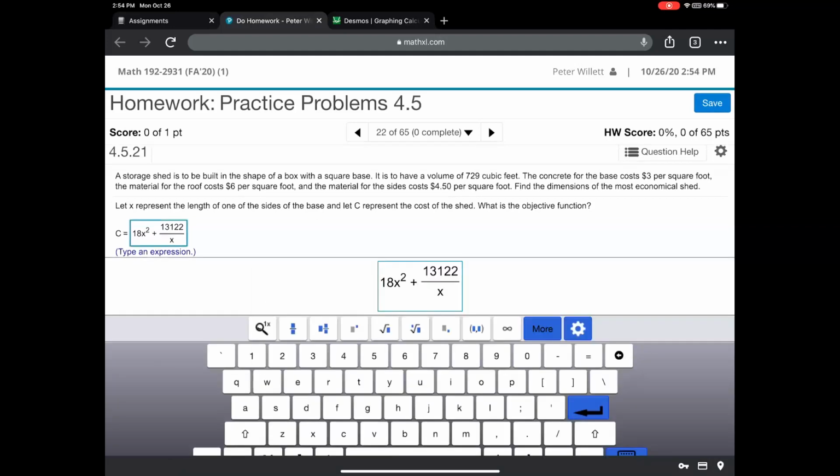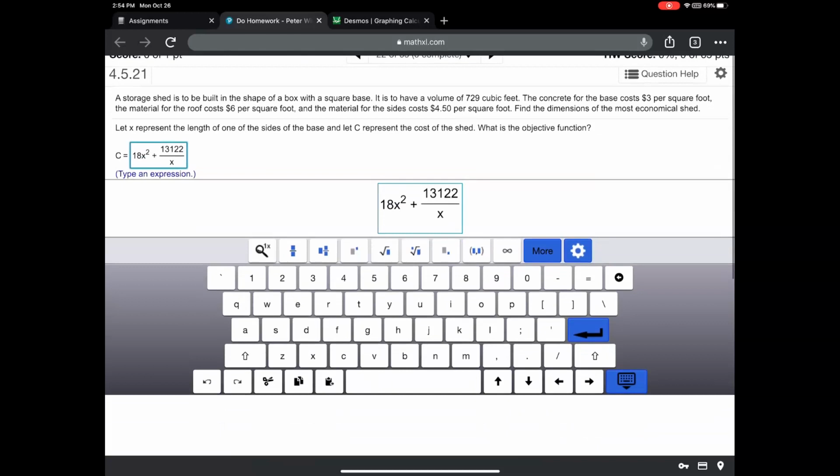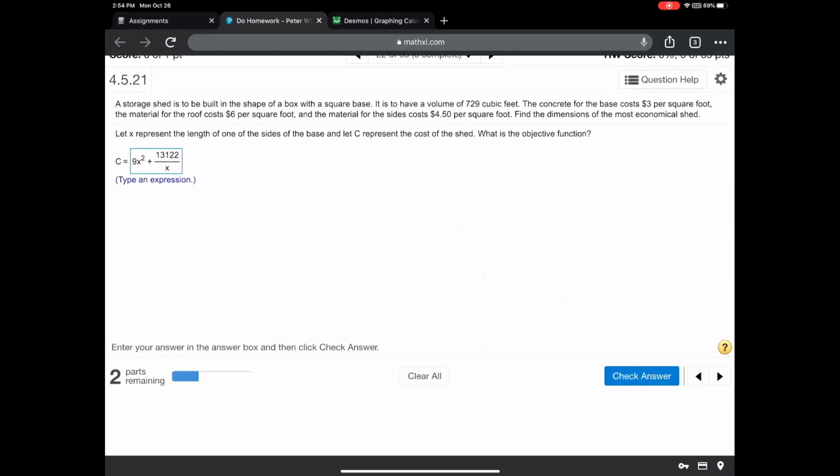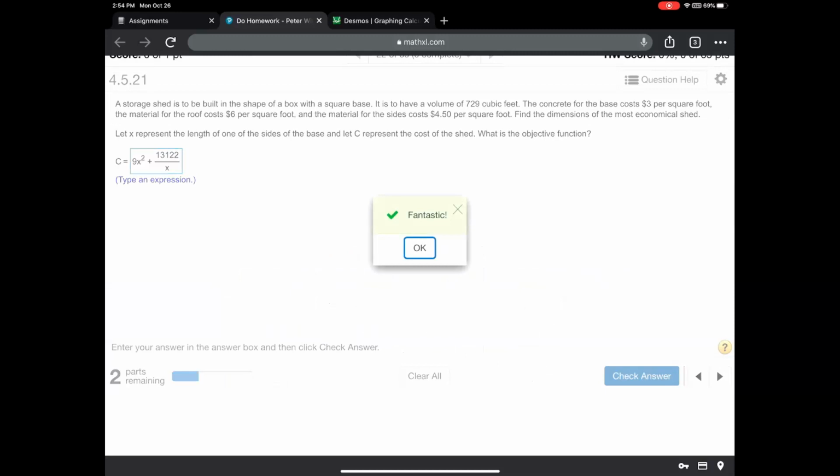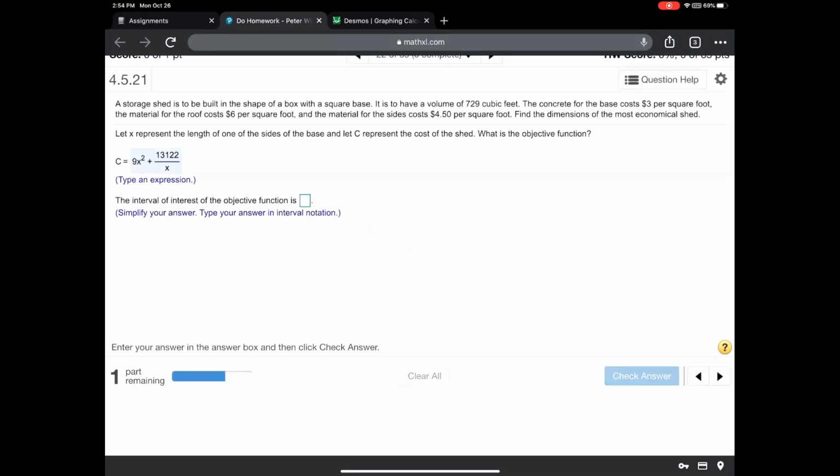Let me put this back in here. Okay, delete, delete. There we go. Let's put in a 9, and hopefully now that I've copied my function over correctly. There we go.